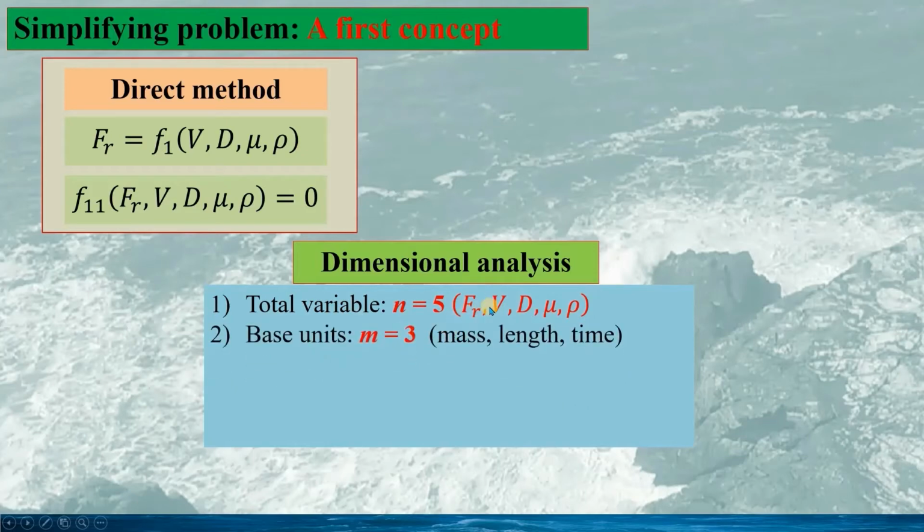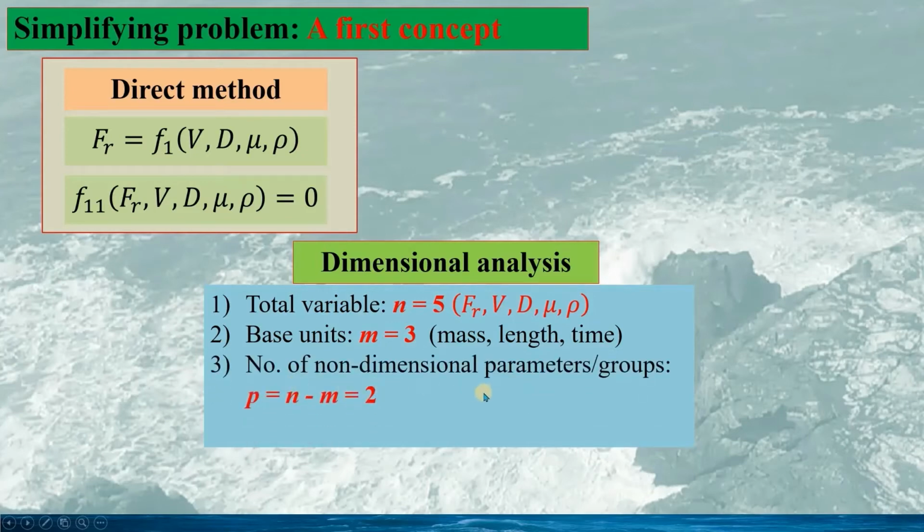From the analysis of all these physical parameters, we can see the base units number 3, hence m equals 3: the base units for mass, length, and time. I will show you why the base units are these later in this talk.